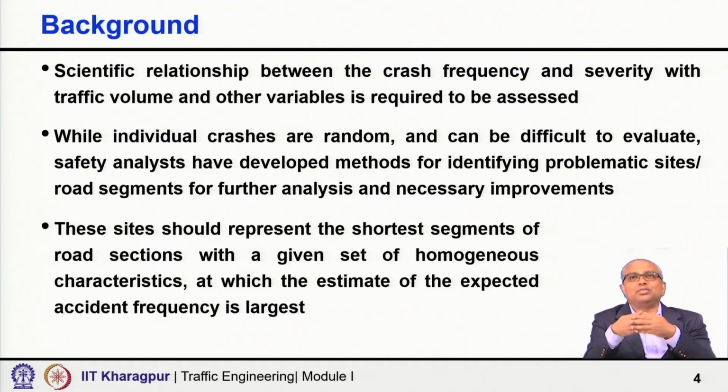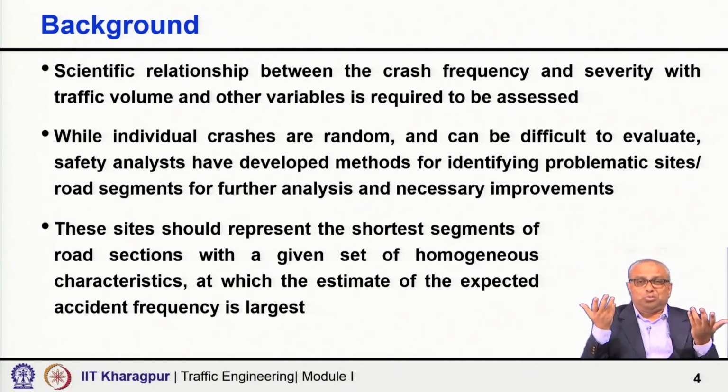Now, individual crashes are random. What type of crash occurs, or whether a crash will occur, depends on so many things, and obviously it can be described as a random variable and therefore can be expressed only with the help of probability.